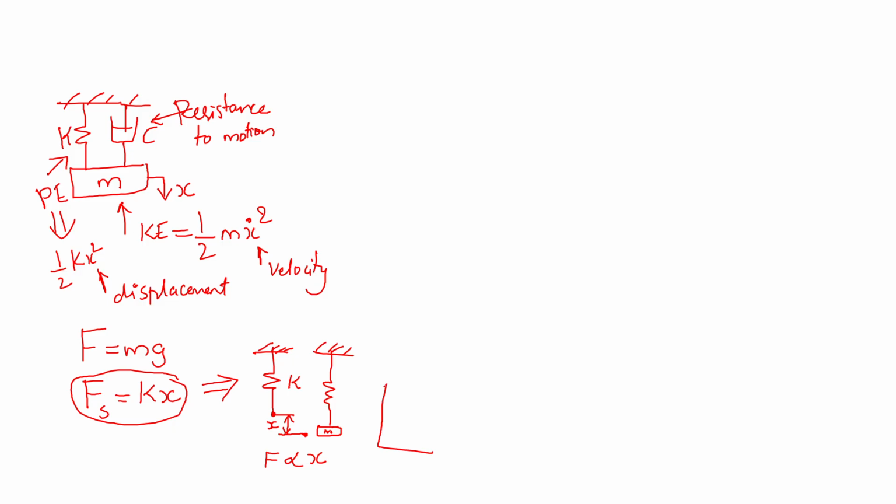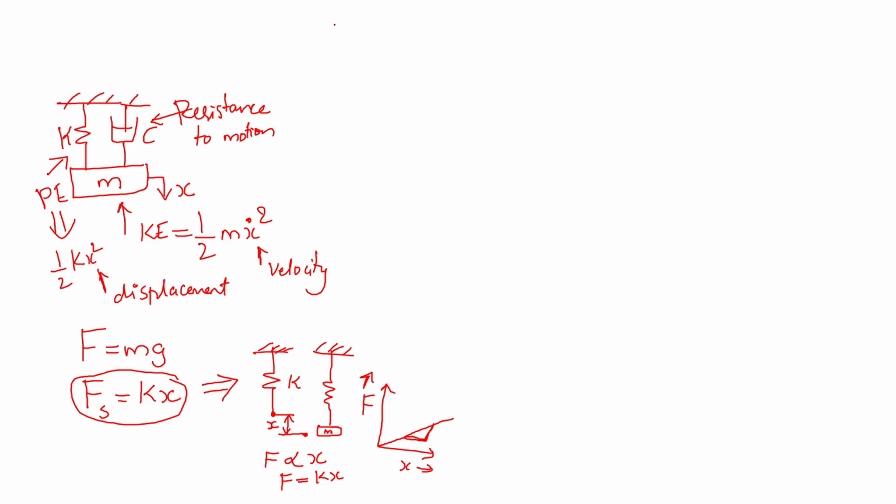If you plot a curve of force versus displacement, it will be a linear curve. The slope shows that force is directly proportional to x. So here you can write F is equal to k into x. This is how we can derive the force equation for a spring.